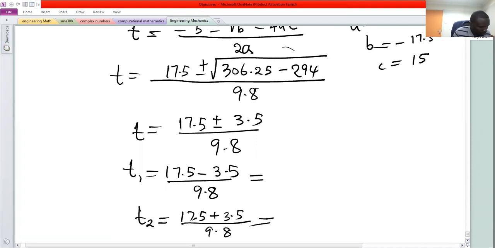So T1 is 10 over 7, and T2 is 15 over 7.